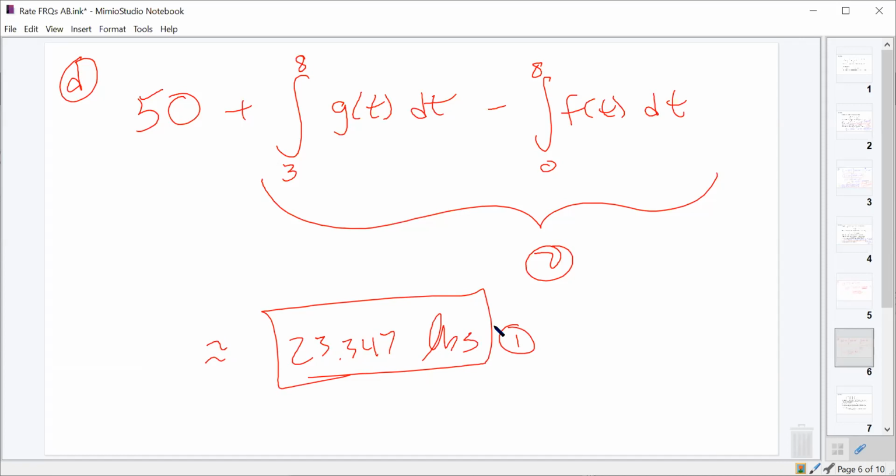Any questions about the bananas? Is this one only worth 8 points total?